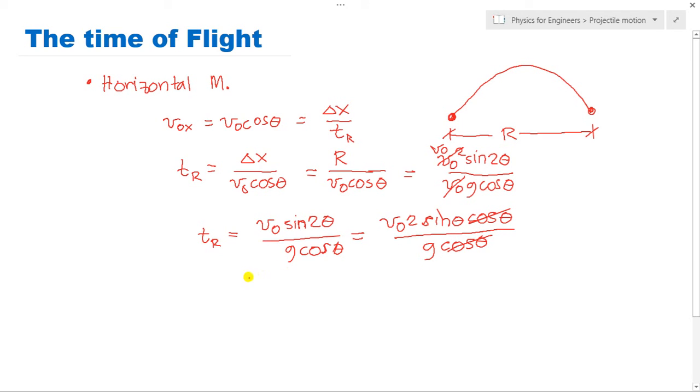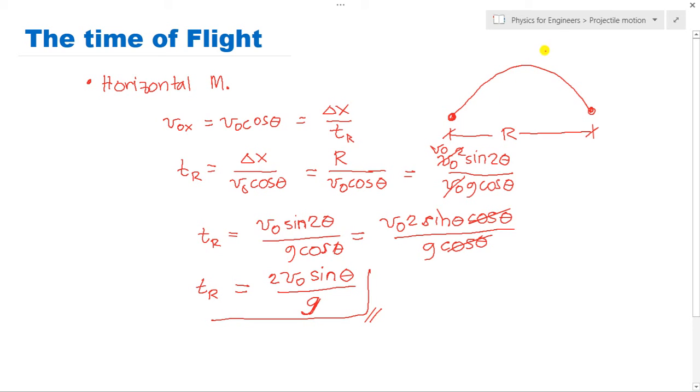What's left is, so this would be our TR. TR is just 2 times the initial velocity sine of theta all over our g, or our time. This would be our formula for our time of flight.